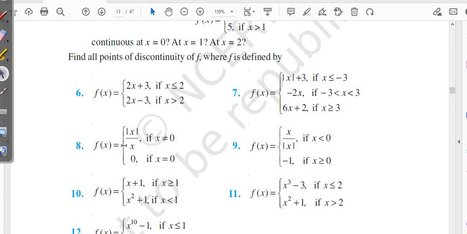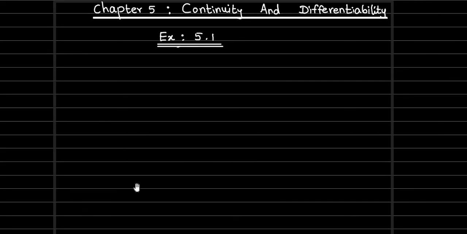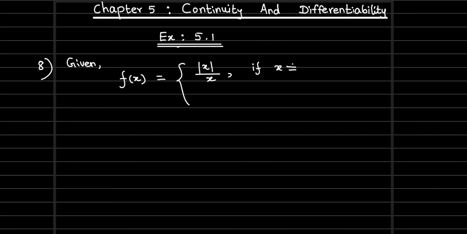So what is the given function? f of x equal to modulus of x by x if x is not equal to 0, and the second function is 0 if x is 0.